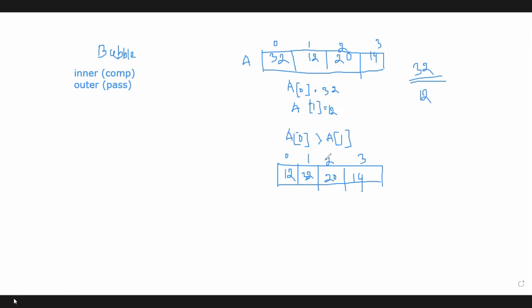Between these two numbers, which one is largest? 32, right? So now after taking these two elements from the array, it can place 12 in the first memory location, but at that time it needs to place the largest data element in a temporary variable. Suppose this is the temporary variable, and inside this variable it can store 32.